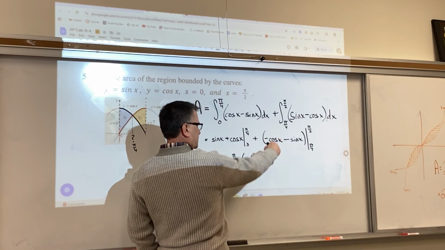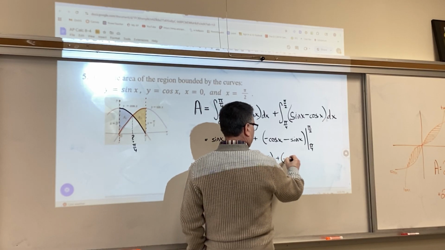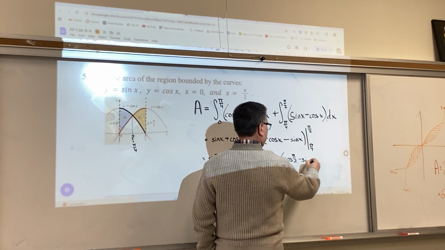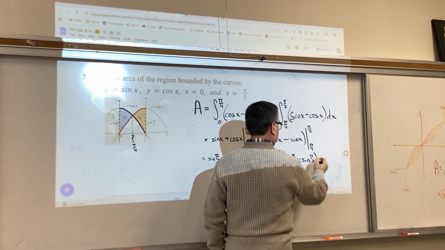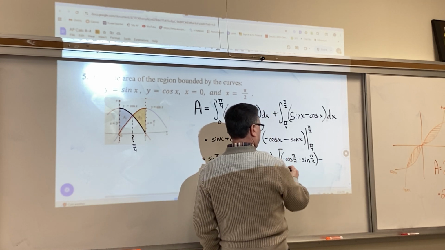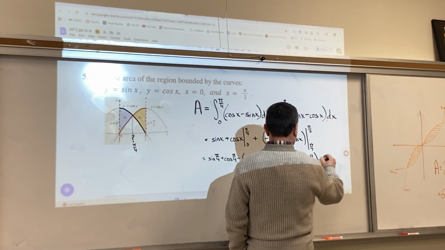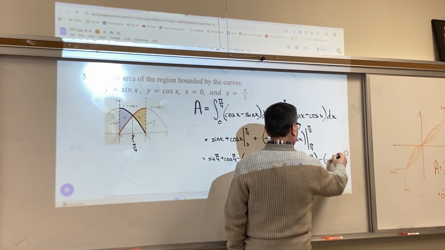And then I'm going to add this piece to it, plus, let's see, negative cosine pi over 2 minus sine pi over 2 minus the lower one, which is minus negative cosine pi over 4 minus sine pi over 4.